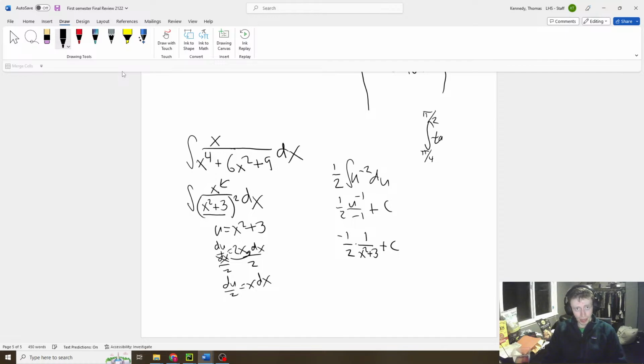Here, we'll do tangent of x times secant of x tangent of x dx. Is that right? No, I messed up. Make this a secant of x. There we go.